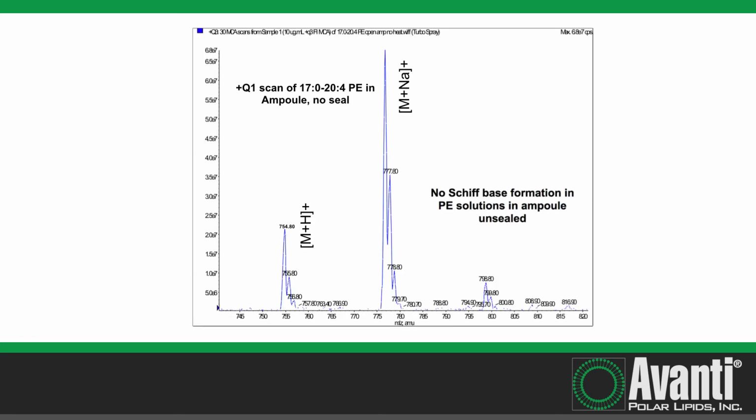Here's a mass spectrum on this slide of an Avanti product. It's an internal standard that people can use for phosphatidylethanolamine. It is a 17:0/20:4 phosphatidylethanolamine, and you see that it's in a glass vial, and so it's the sodium salt which picks up from the glass. And if you don't seal it, you see some protonated and some sodiated species here, but there's really nothing 14 mass or 12 mass units different.